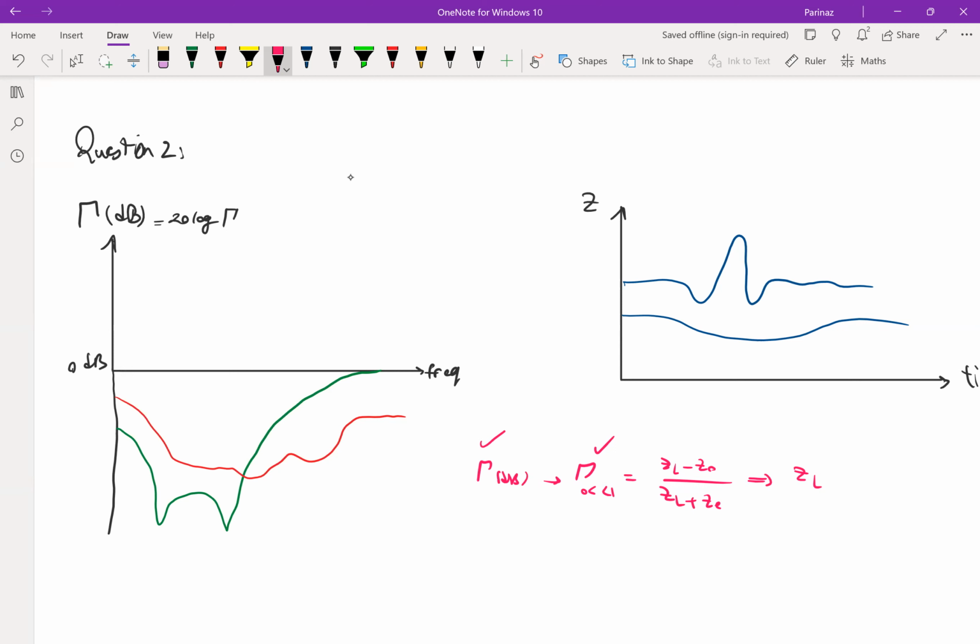Let's see what's happening here. If you look at the red line, it's almost like in DC we have a better reflection coefficient.